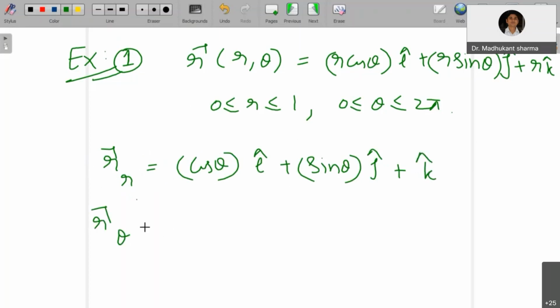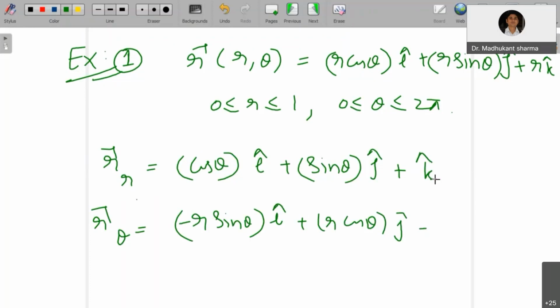Similarly, r_theta is minus r sine theta i plus r cos theta j, and the last term is 0. These are continuous, there is no doubt about it. Cos theta, sin theta, minus r sin theta, r cos theta, this component-wise continuity is there. So in total, the partial derivatives are continuous.